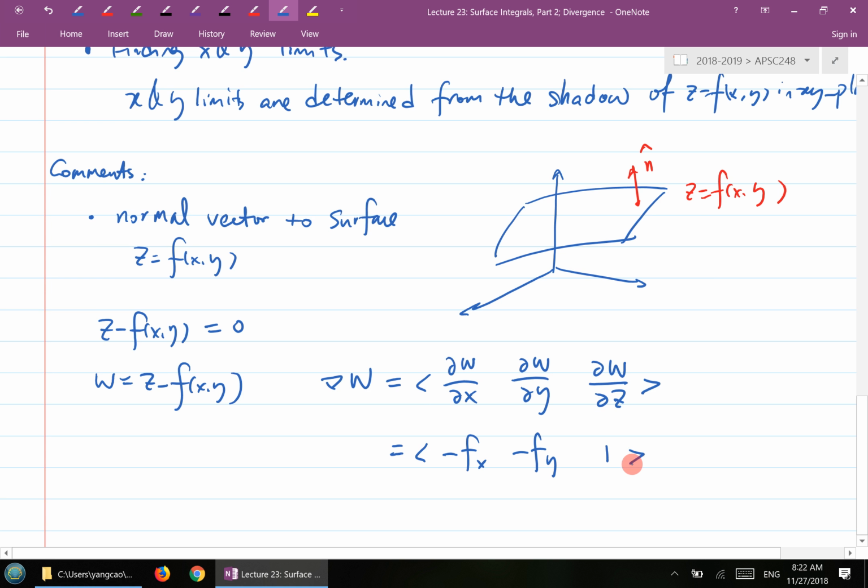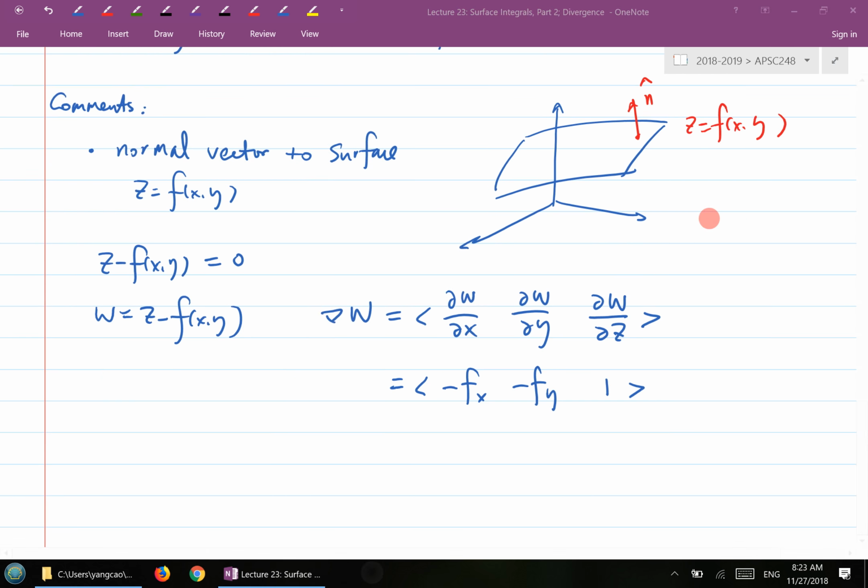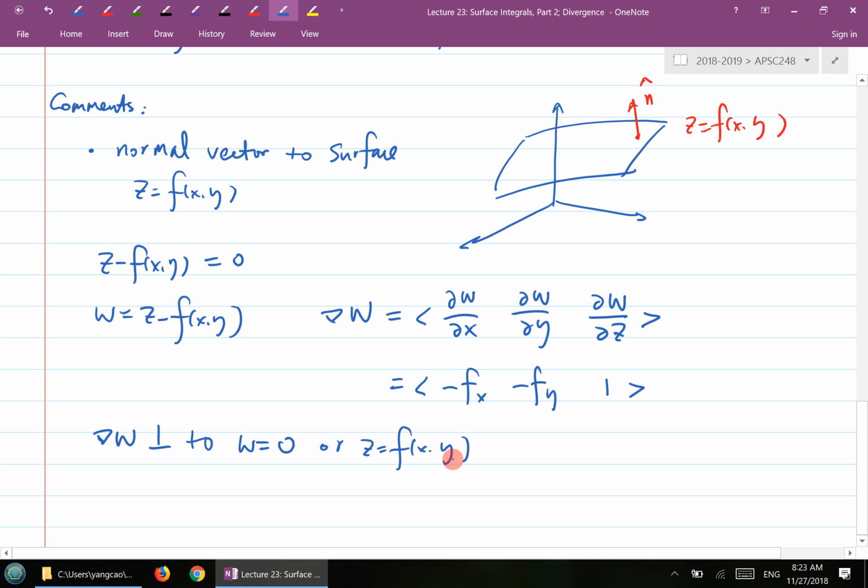This del w is the gradient vector to the surface z equal to f(x,y) at a certain point x, y, z. This guarantees that del w is perpendicular to w equal to 0, or z equal to f of x, y.